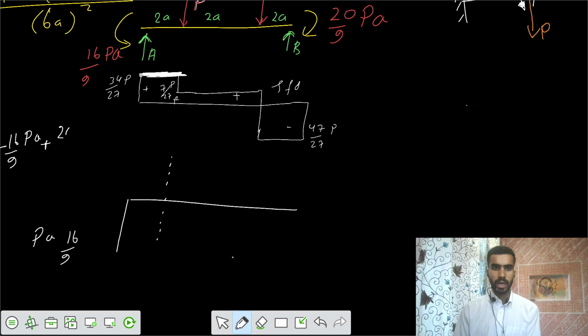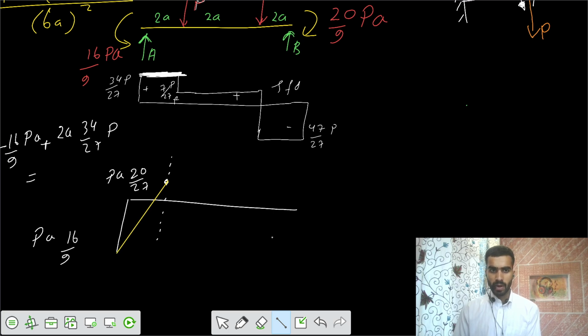I would write 2A into 34/27 of P into A. We get the sum value, which comes out to be 20/27. Let's say this is 20/27 of PA, and I can join those 2 points. So we got this value.